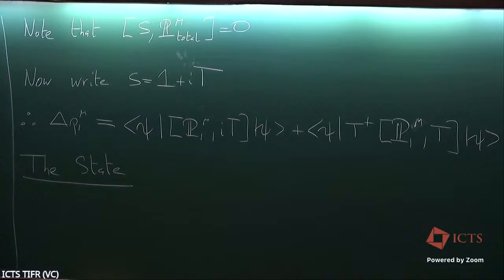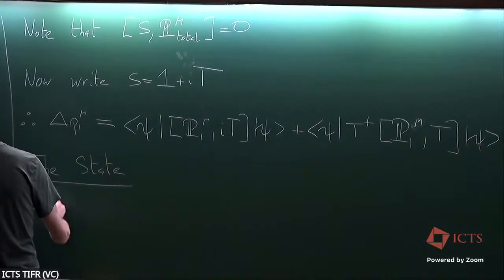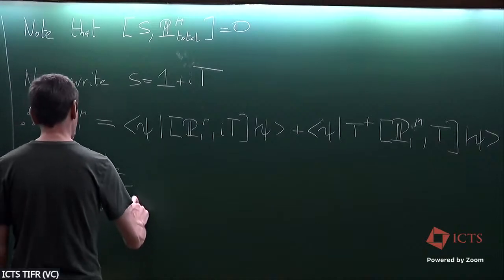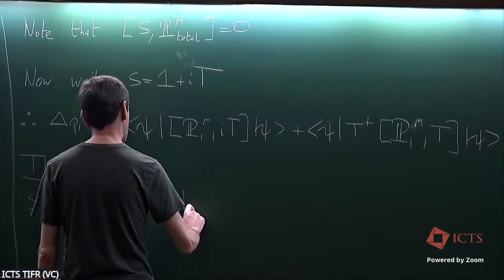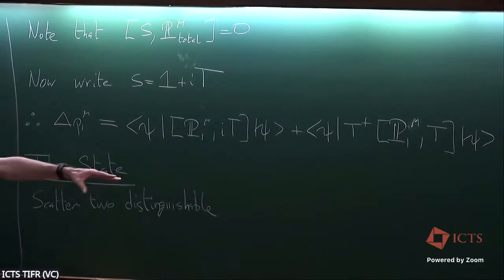I'm going to take two particles, two distinguishable particles, so two totally different particles, different masses, and scatter them. Now, I want my particles to be separated in the far past.